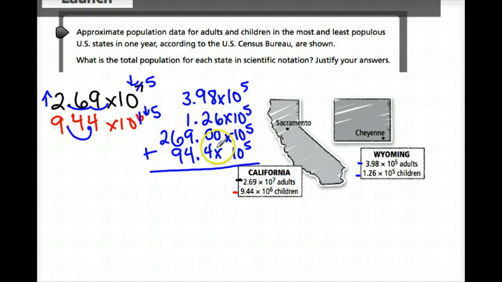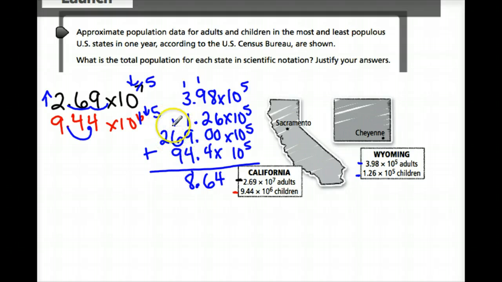8 plus 6 plus 0 plus 0 gives me 14. 9 plus 1 plus 2 plus 4 gives me 16. I can bring my decimal down. 1 plus 3 gives me 4, plus 1 is 5, plus 9 is 14, plus 4 is 18.